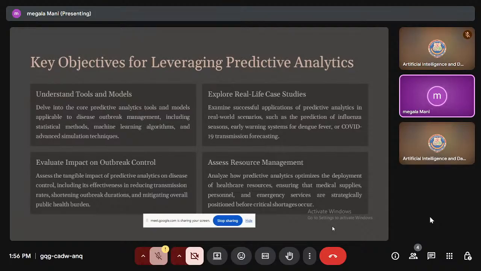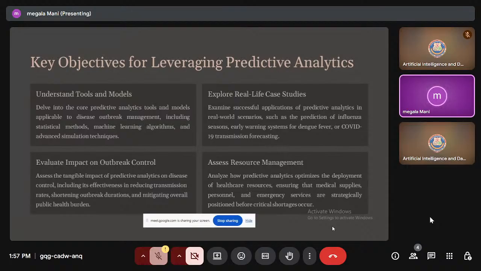The main thing, why you are going for prediction, is that it controls the diseases so they are not spreading to others, right? So here you can look at the effectiveness in reducing transmission rates, shortening outbreak duration, and mitigating overall public health impact. So very, very important: if someone is affected, then how can you avoid it spreading to others? That is why you are going to predict.